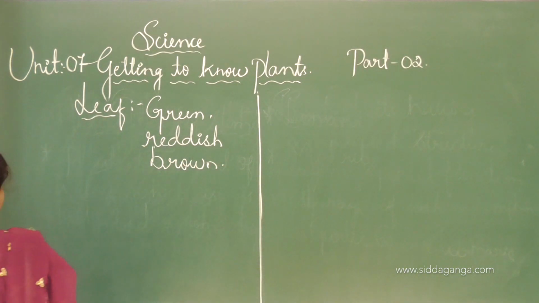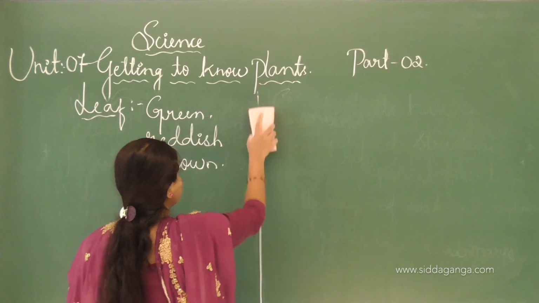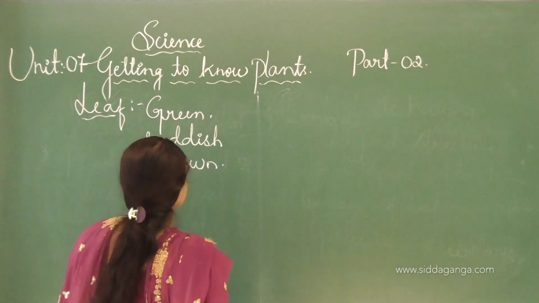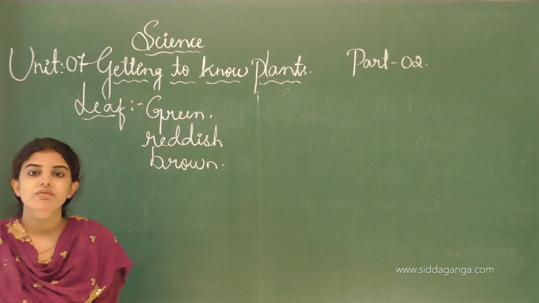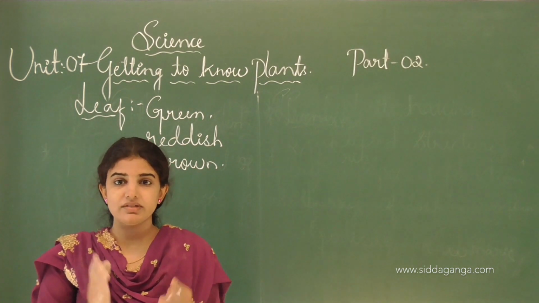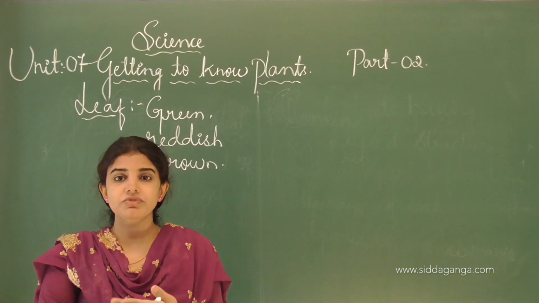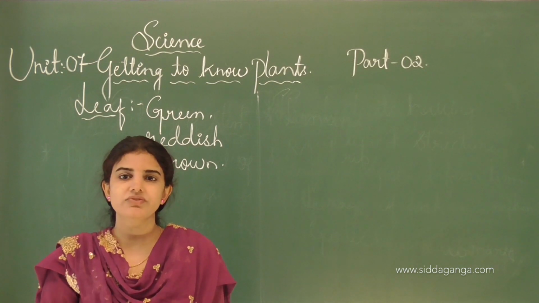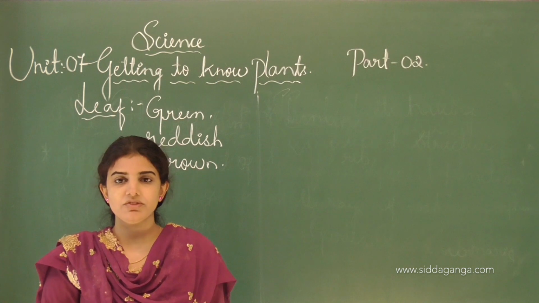And when the leaf becomes mature and completes its life cycle, it becomes yellow in color and later falls down from the plant.